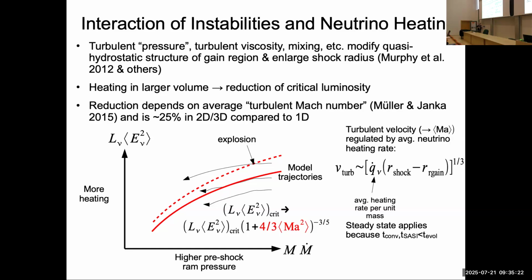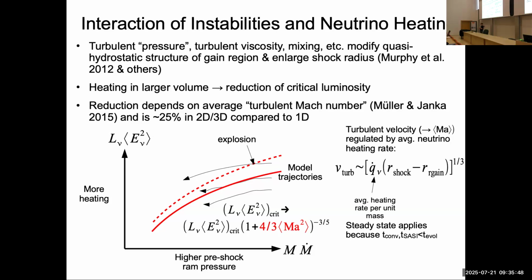That, of course, means that your time available for neutrino heating in the accreted material goes up, and your timescale ratio between advection timescale and heating timescale becomes favorable. If you turn that around to what that means for the luminosity that you require to heat the material sufficiently for explosion, that means that this will go down.